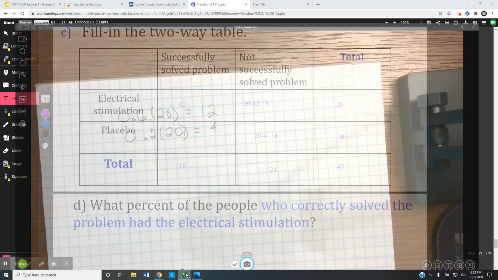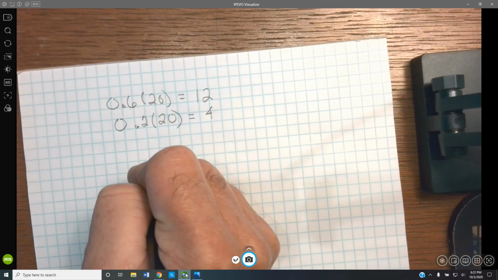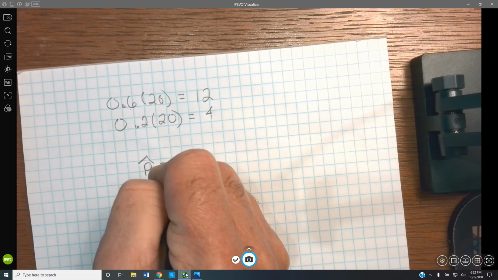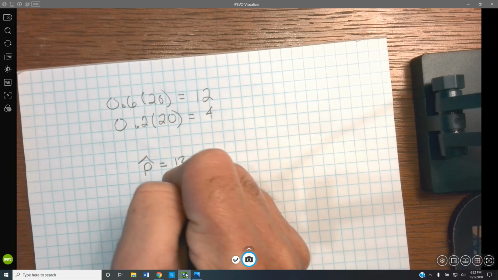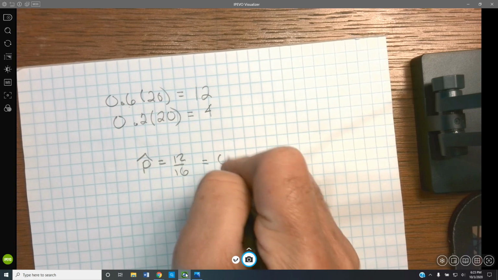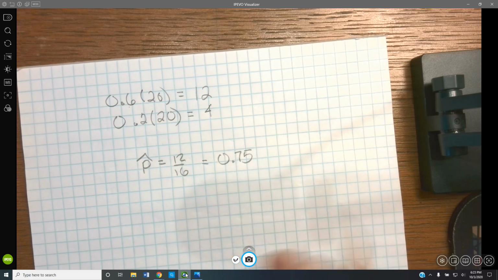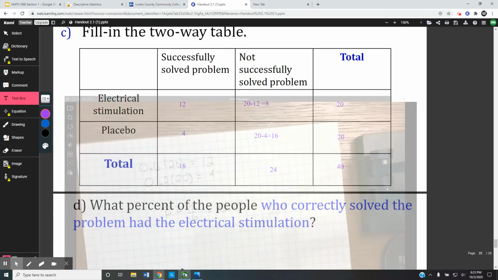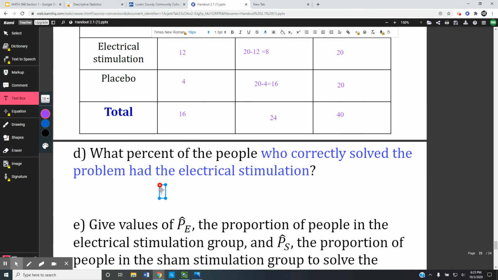So we would do a p hat value here. We do a p hat, and p hat would be 12 of 16. And 12 of 16 is not approximately, actually, 0.75. So p hat equals 0.75.